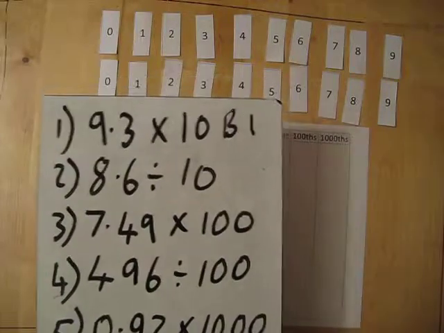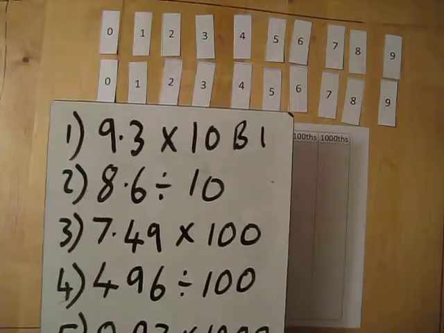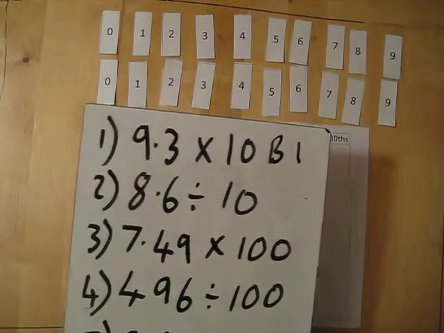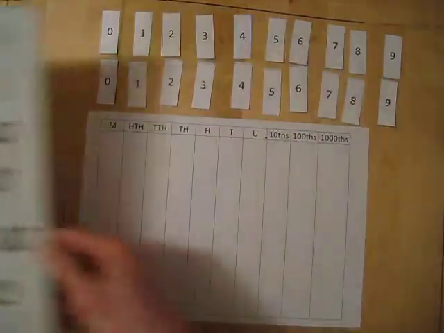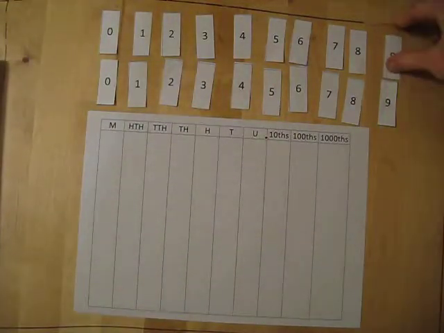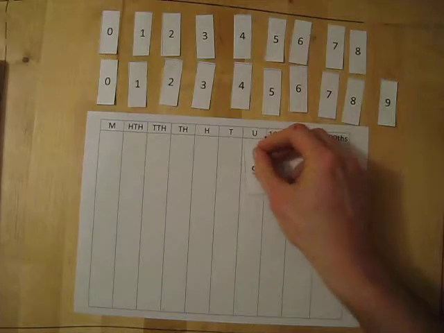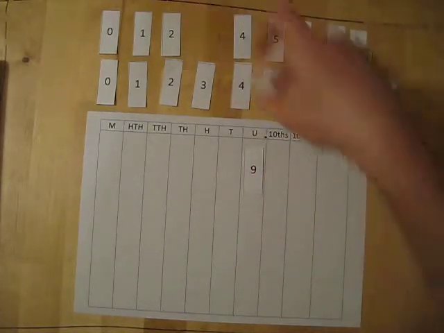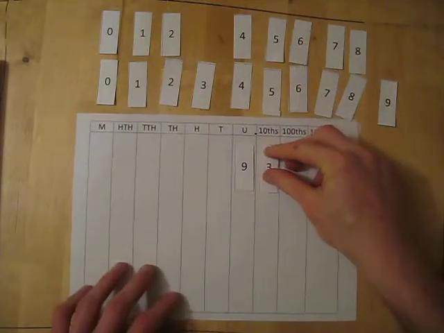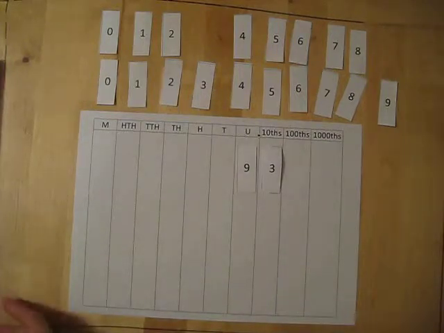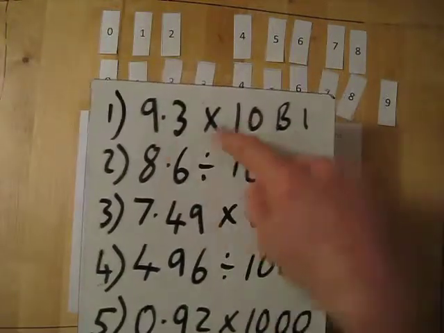So simple. What we need to do with the chart is put 9.3 on the chart first of all. Now, just to go back to the question, it was 9.3 times 10, so it's going to get bigger by 1 place.